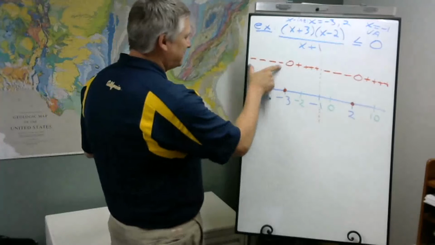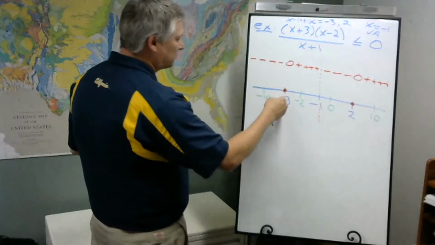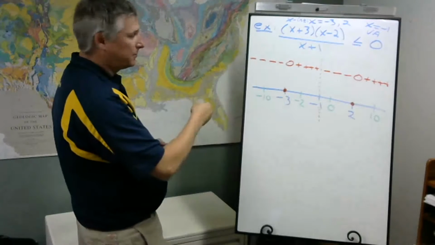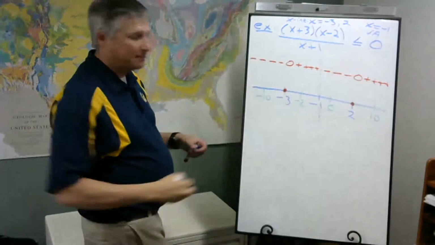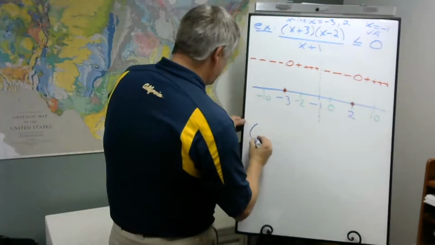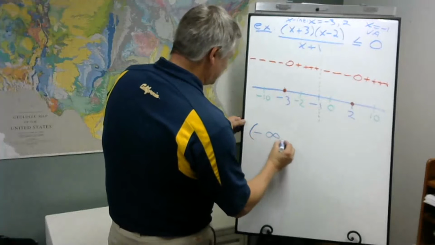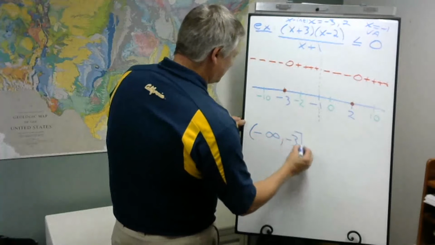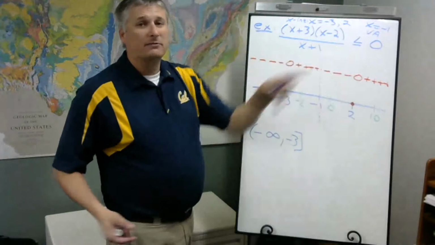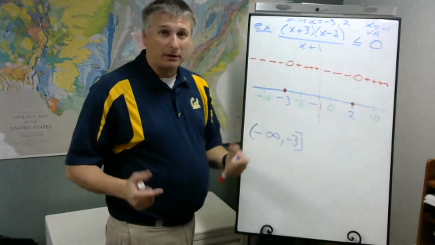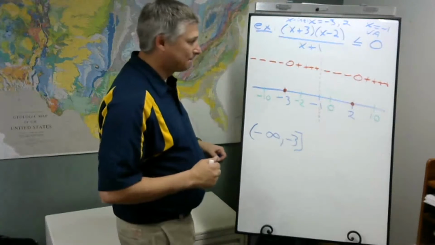Well, the function's negative to the left of -3, and it's equal to 0 at -3. So we're going to get this. We'll include -3, again, because the function's 0 there, and it's okay for the function to be equal to 0. That's what we want in this problem.